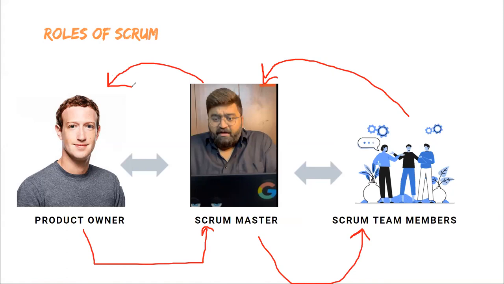And third role? The product owner gives input to the Scrum master, the Scrum master takes the input and gives it to the team members, who work and give it back to the Scrum master. And finally, it goes again to the product owner. So this is how Scrum works in real time as well.